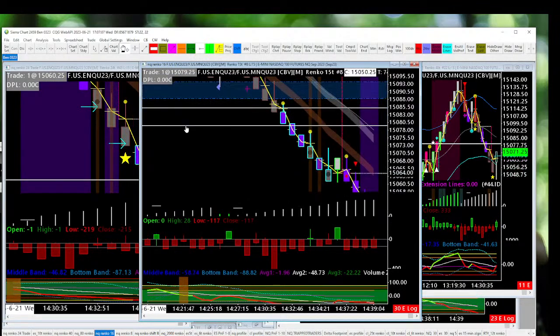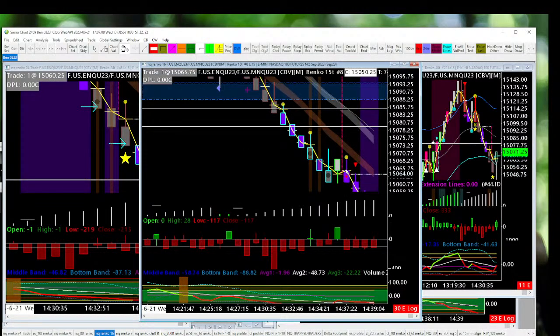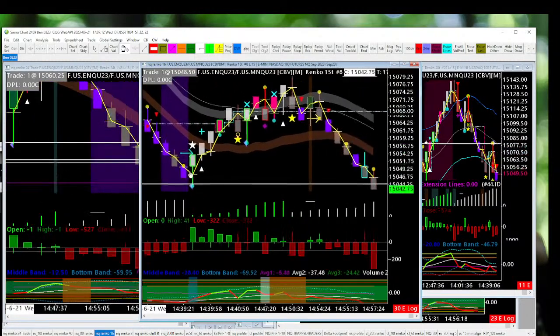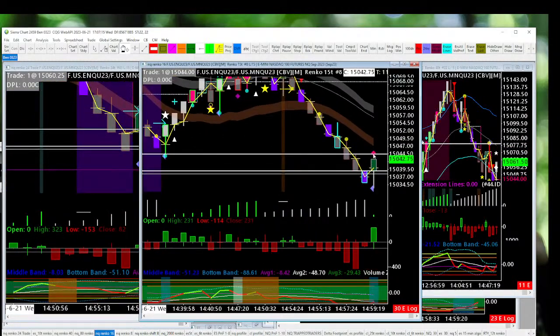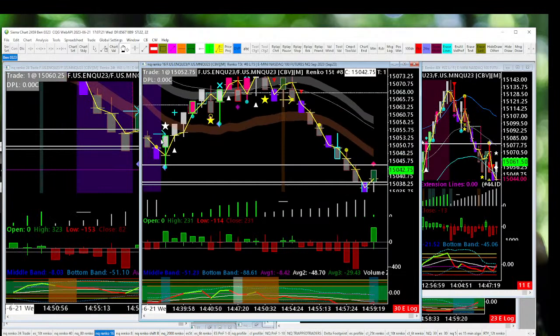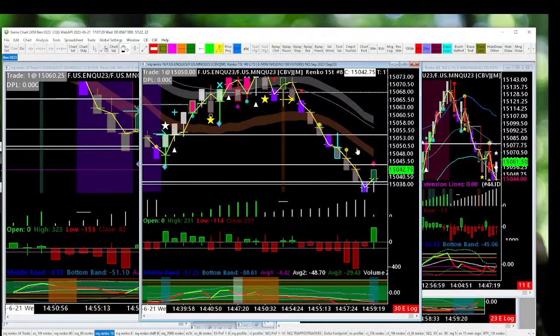So green tries to reclaim. Oh, that one does. That's a long based on this. Oh, wait, maybe not. Got under to reclaim it to get above it.